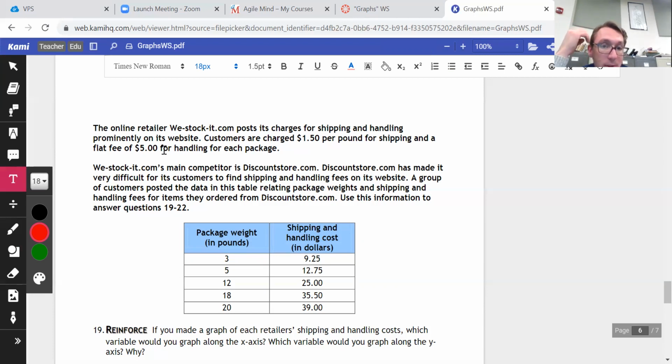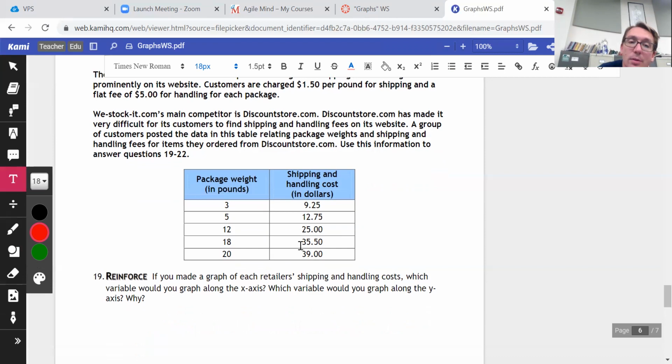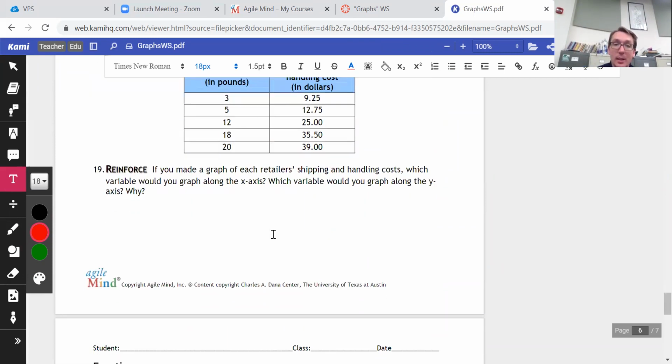A group of customers posted data. So this is some information on what they got charged for sending different amounts. If you made a graph of the retailer's shipping costs, which variable would you graph along the x-axis and which variable would you graph along the y-axis? Why? Okay, so we're going to turn this into a graph.